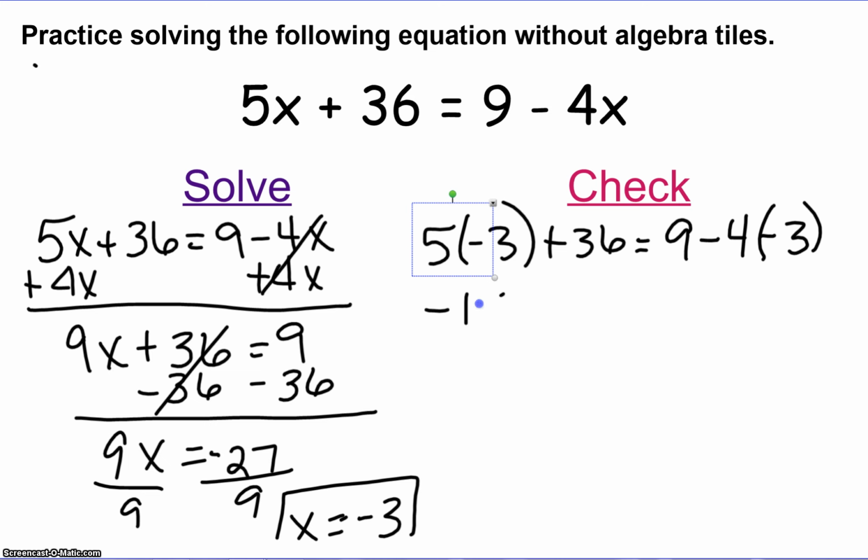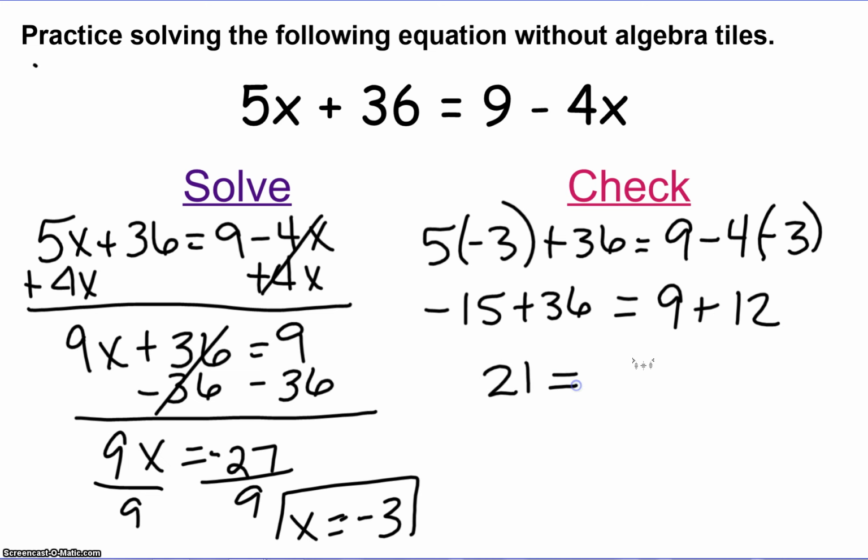So, negative 15 plus 36 equals nine minus, or is it going to be positive? It'll be a positive 12 because both of them are negative. So 36 minus 15 would be 21 equals 21. You know your answer was correct.